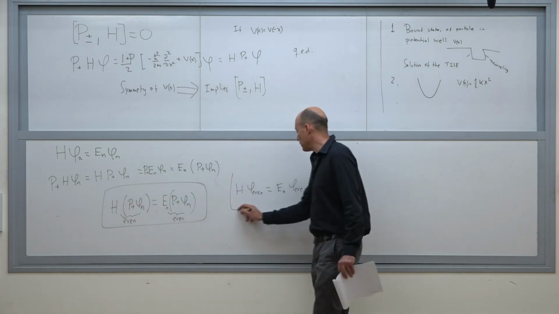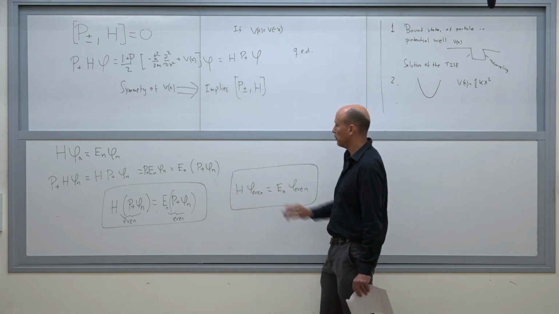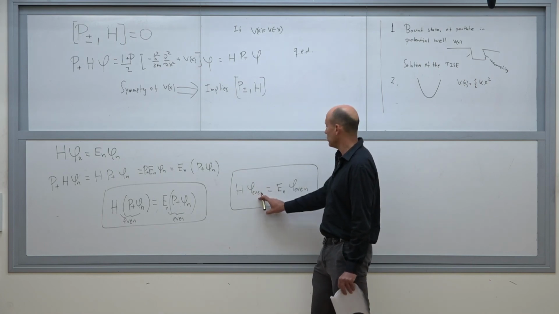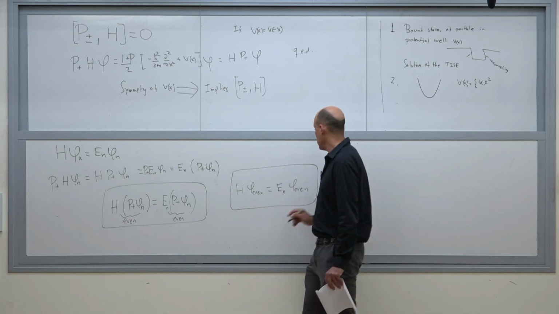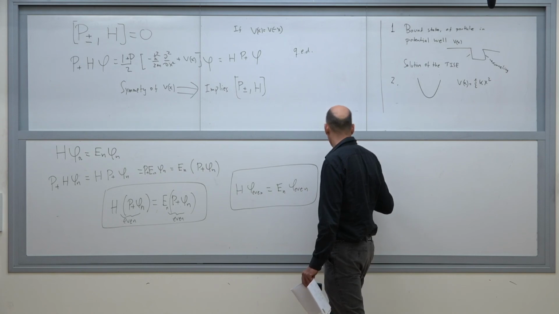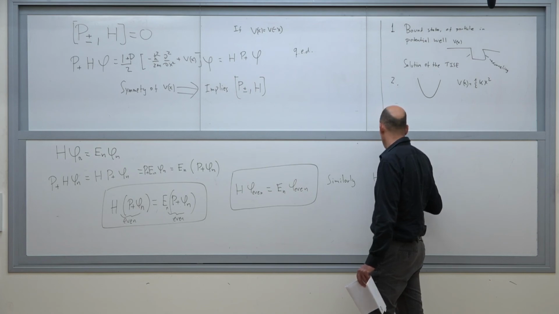So I prove to you this thing with this P plus. So there is some wave function, which is an even wave function that gives you this energy En. And similarly, you can show from P minus that H phi odd equals En phi odd.